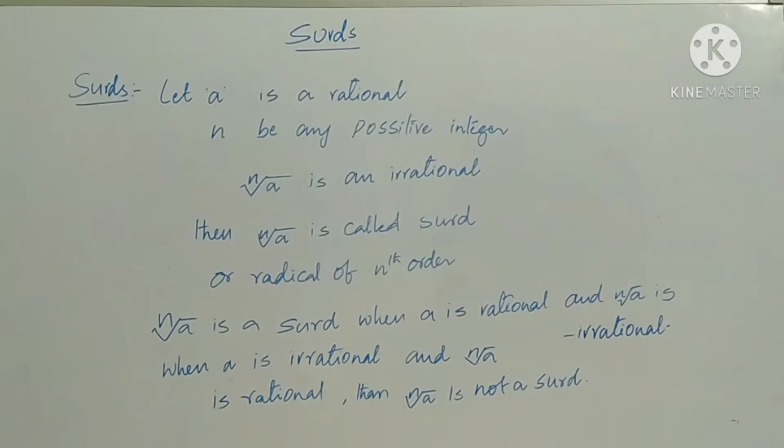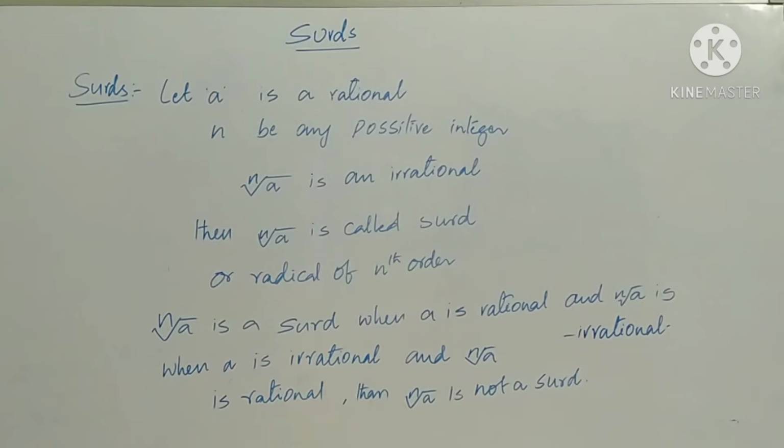Let's get into the topic. Surds. Let a be a rational number and n be any positive integer. So the nth root of a is an irrational number. Here, when a is rational and n is a positive integer, the nth root of a is an irrational number.